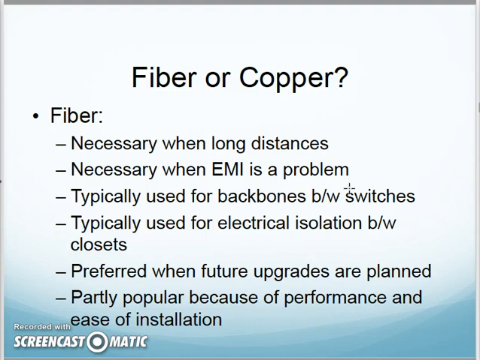When I have a lot of electrical noise, lots of EMI issues, electromagnetic interference, or RFI, radio frequency interference, we typically install fiber optic to avoid or minimize those problems. We typically use fiber optic between switches in our network, so basically the backbone of our network is typically fiber optic. I also tend to use fiber optic between closets for electrical isolation.